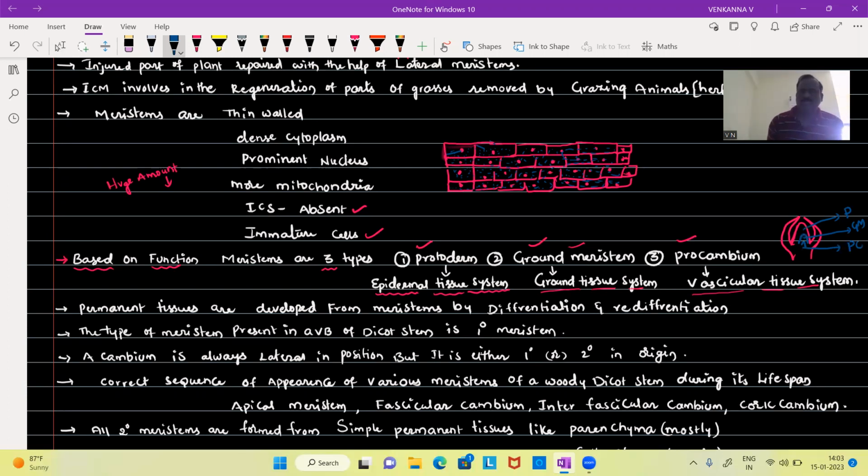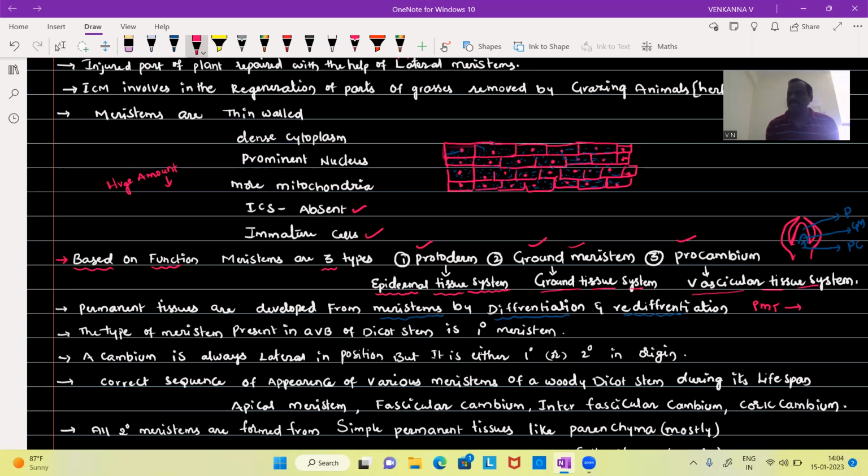All the permanent tissues are developed from meristems by two different types of processes: one is the differentiation process, and the second one is the redifferentiation process. You know the differentiation process means a primary meristematic tissue undergoes mitotic division to form two cells.